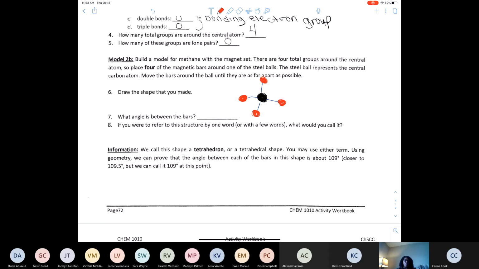So you simply draw a replica of the model that you view in the pictures.